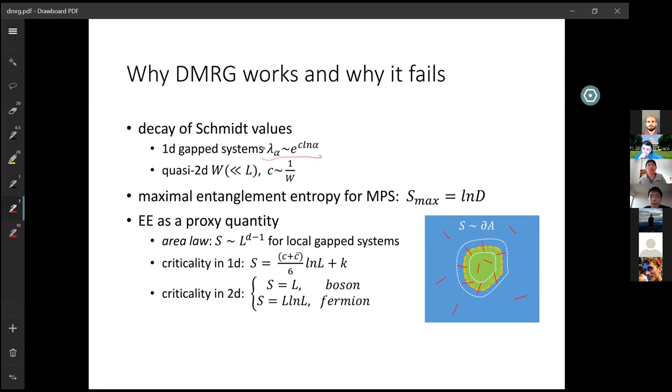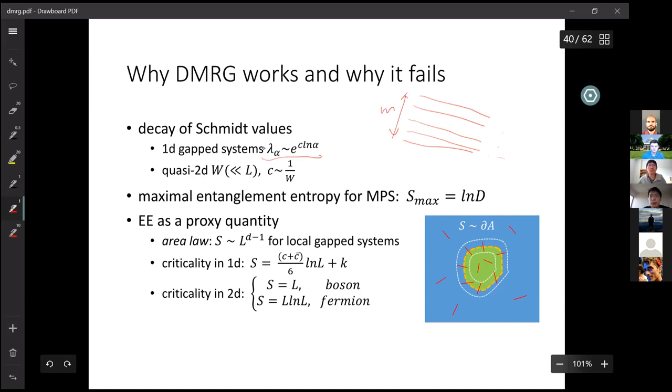Like I said before, if you include more and more 1D chains to form a quasi-2D system, where the chain is infinitely long but there is a finite width in this direction, then you find the decay power drops, as 1 over W. Once you get to a real 2D system, basically it doesn't decay as a power law, I guess.